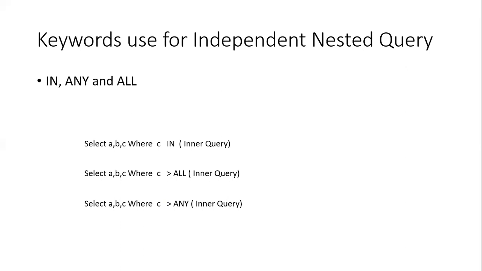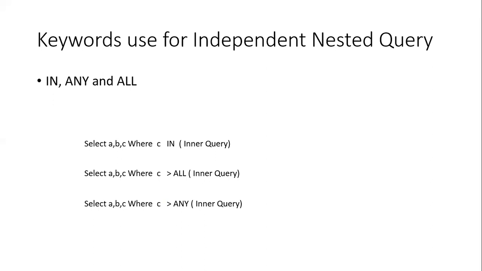Here we want to select the attributes A, B, C of those tuples whose attribute C value is present in a set. Which set? A set whose values are returned via the inner query.